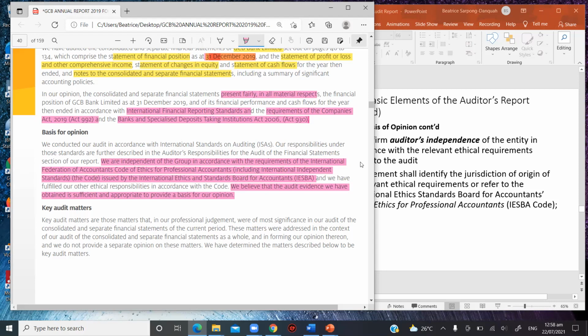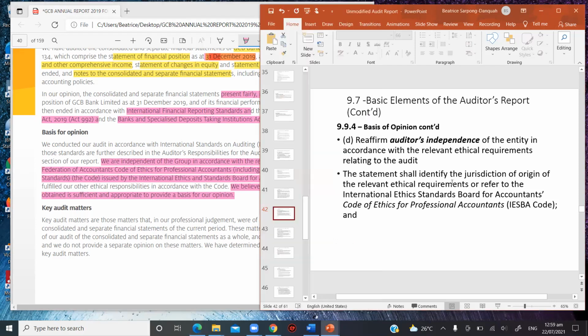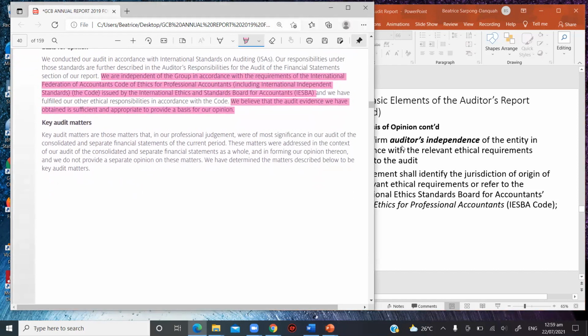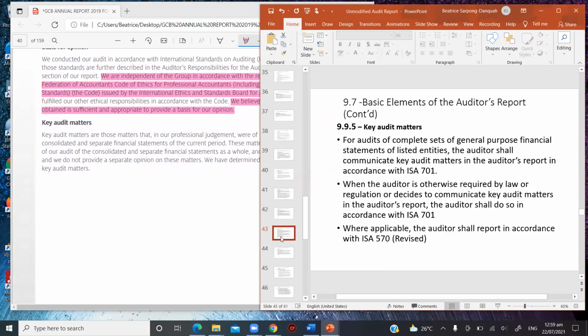So they've emphasized the fact that they were independent, in accordance with the various requirements. So reaffirming their independence has also been captured by this example of ours. Now let us move on to the next one.